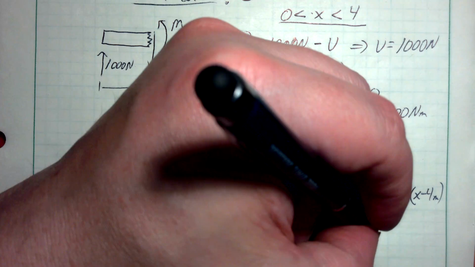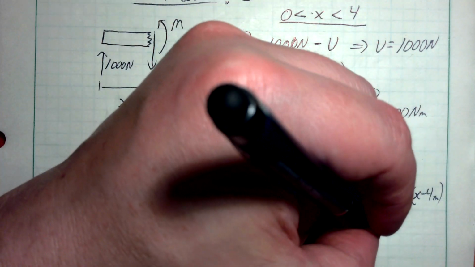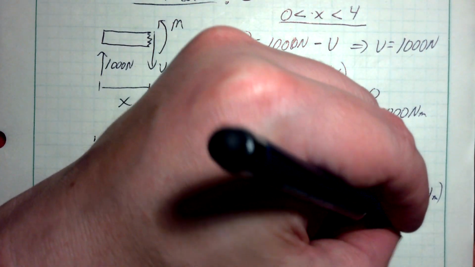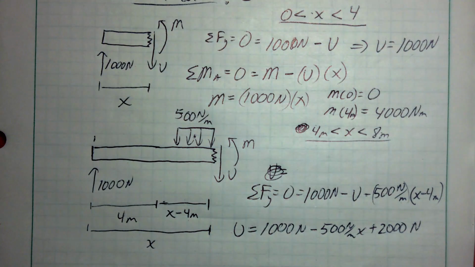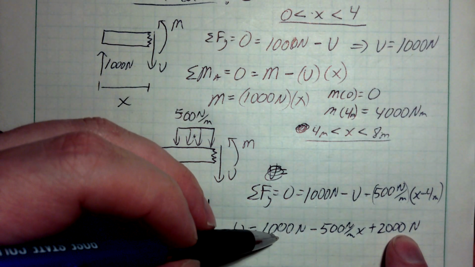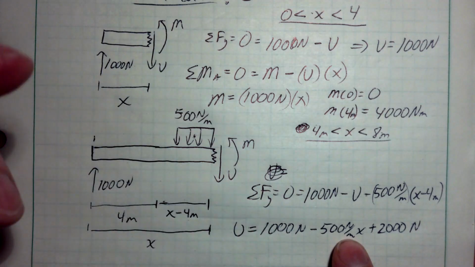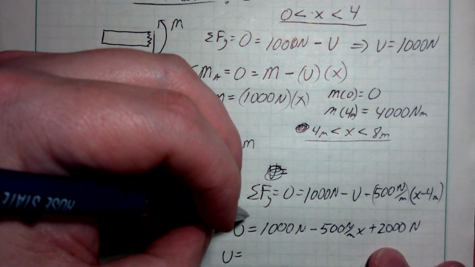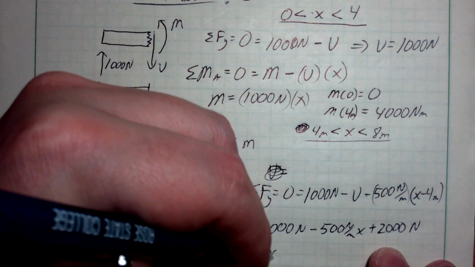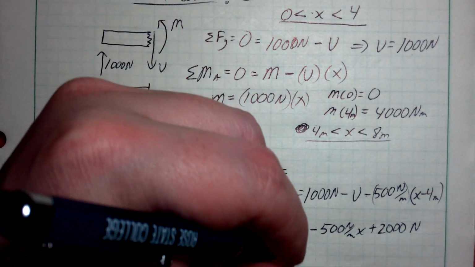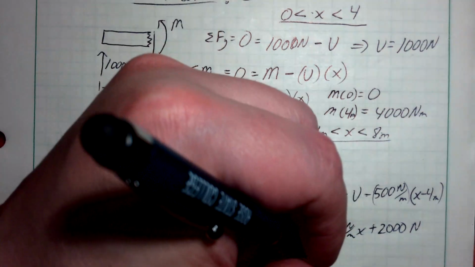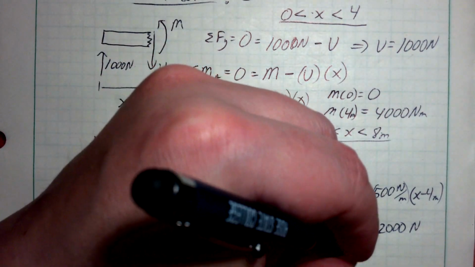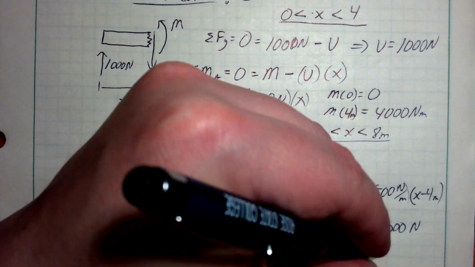So this is going to be minus 500 times a negative 4. It's going to be plus 2,000. I've got newtons per meter times meter, that's newtons, 2,000 newtons. So I've got a couple of constants here, and a linear expression term. So my shear simplifies down to a positive 3,000 newtons minus 500 newtons per meter times x.